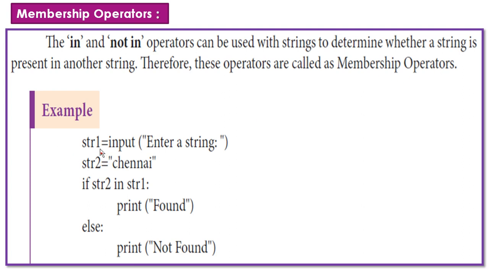Here is an example. str1 equal to input of enter string, str2 equal to Chennai. If str2 in str1. The in and not in can be used in the if structure and for structure. Here we are using the membership operator in the if structure.